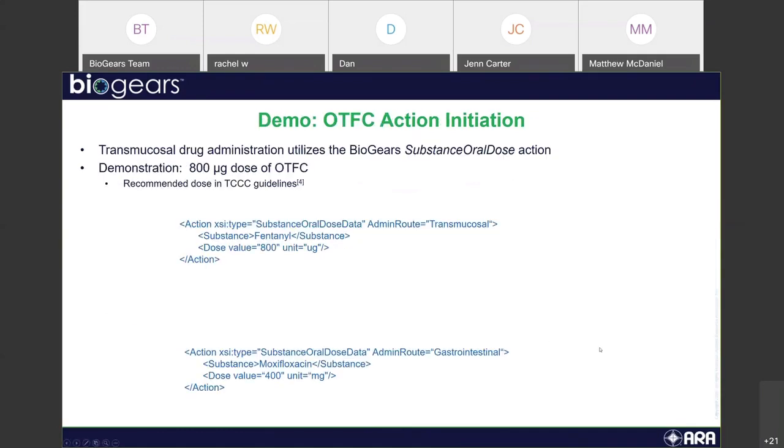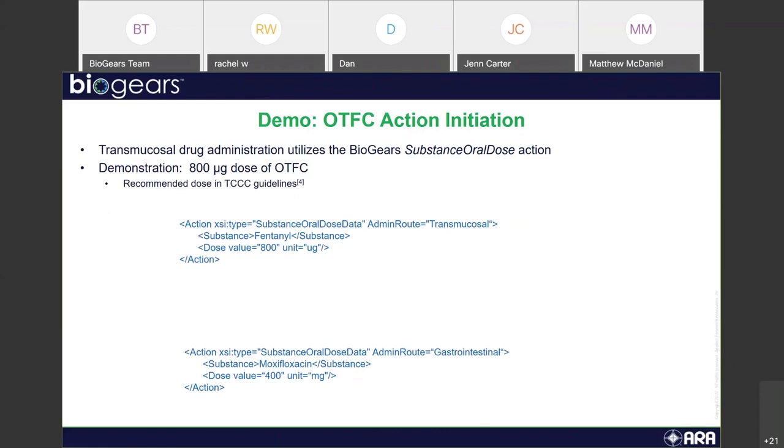So I want to do a demonstration real fast of the OTFC model. So again, I want to show just what this looks like in BioGears. The demo is 800 micrograms of OTFC. That's the recommended dose in the Tactical Combat Casualty Care Guidelines.